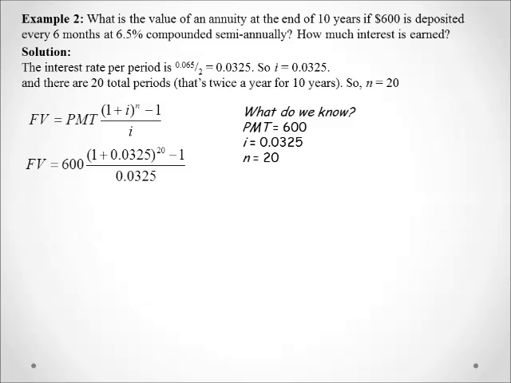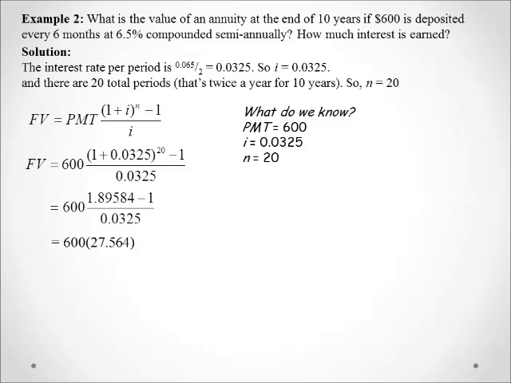Now remember to do this in steps. We add inside the parentheses first, then raise it to the power of 20, then subtract 1, and then divide by 0.0325. So in this step I have the parentheses raised to the 20th power, that's the 1.89, etc. I subtract 1 and then divide that by 0.0325.